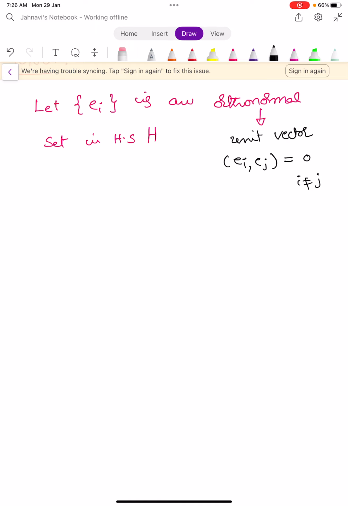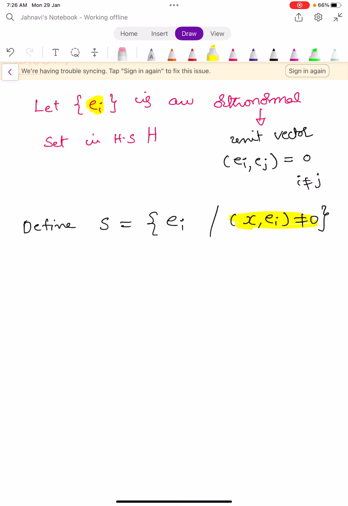Now to prove our theorem, define a set S equal to the set of those elements e_i satisfying the condition inner product of x comma e_i not equal to 0. We define a set with elements from the given set, of all elements e_i satisfying this condition.